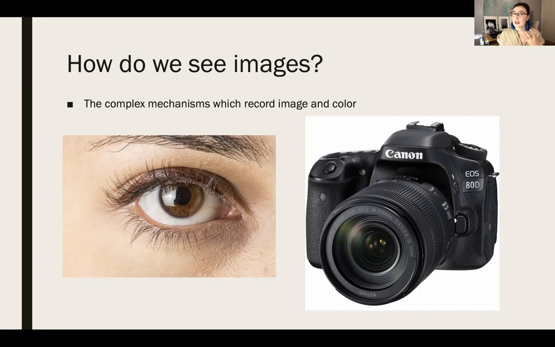And different devices, different mechanisms will do this in slightly different ways, but there are major similarities in both the eye and the camera. So I like to equate the two of those together because by understanding the eye, you will understand the camera better. And by understanding the camera, you'll also understand your own eyes a little bit better.